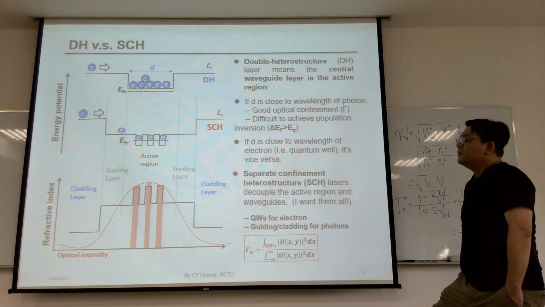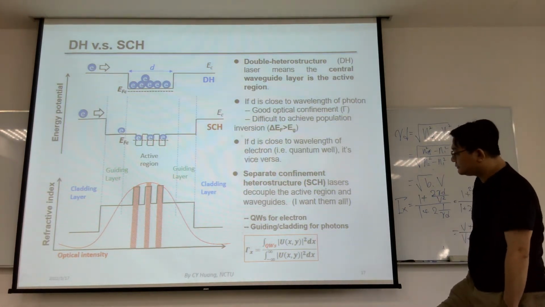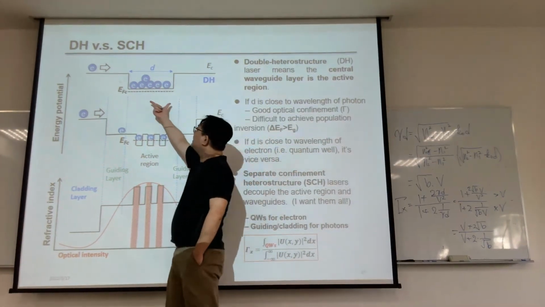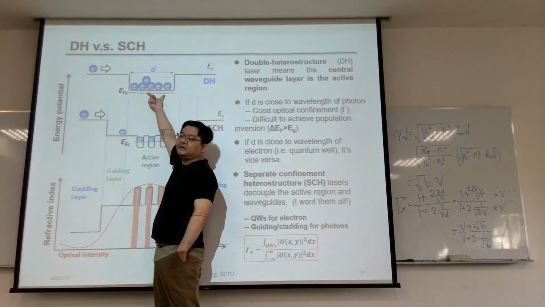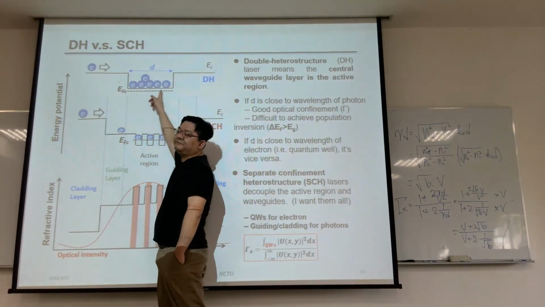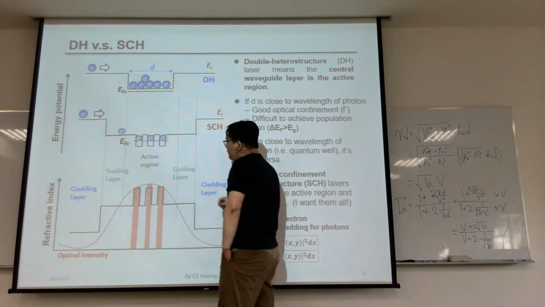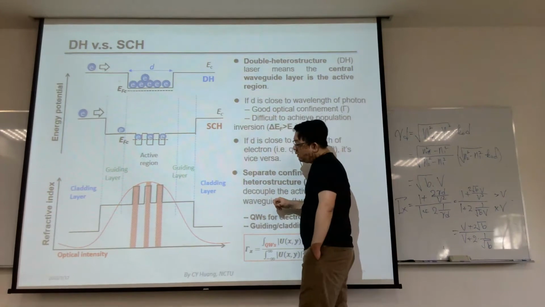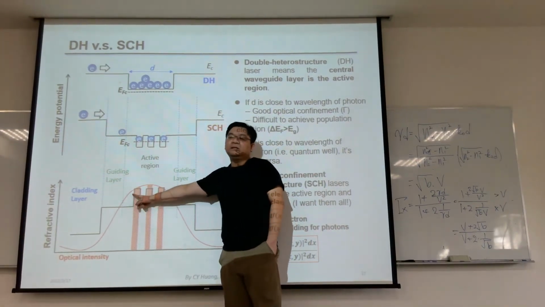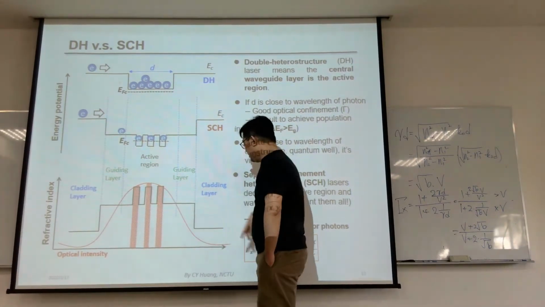Then, how do we calculate its confinement factor? In a DH structure, the whole active layer contributes gain. So the confinement factor usually counts all the active layer here. But for the separate confinement heterostructure, only the few quantum wells are the region providing material optical gain.